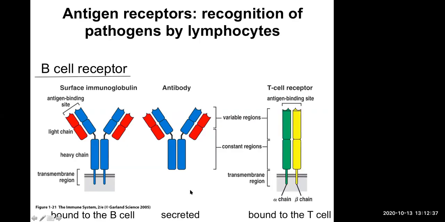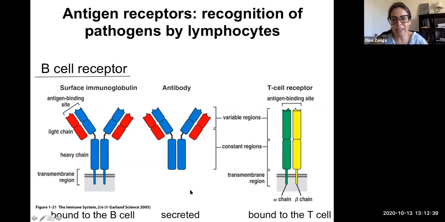Okay, now, if you think about it, the T cell receptor is like having two of these light chains, okay? So it has a variable region domain and a constant region domain. It's the same as the light chain. It has a variable domain and a constant domain, okay?